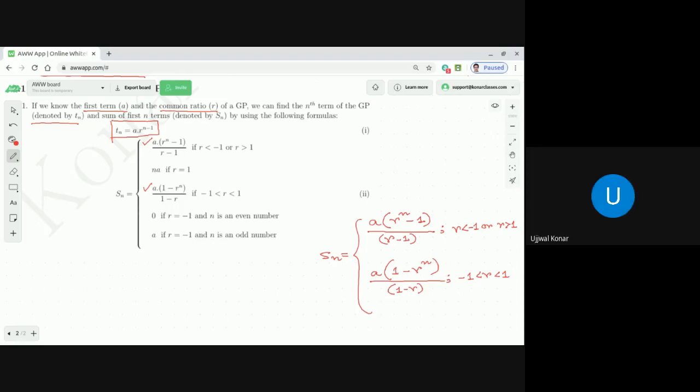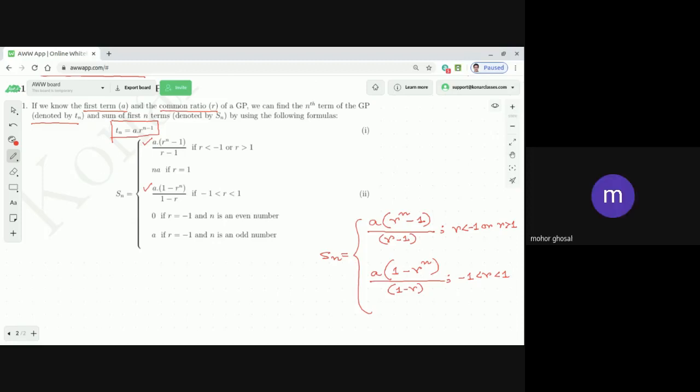Now, the second one we can get from the first one. Just multiply both numerator and denominator by minus 1, and you will get the second one. Correct, dear students? Clear?